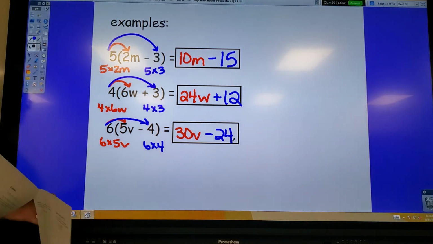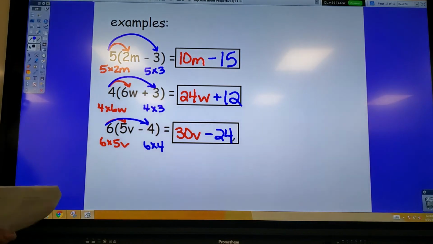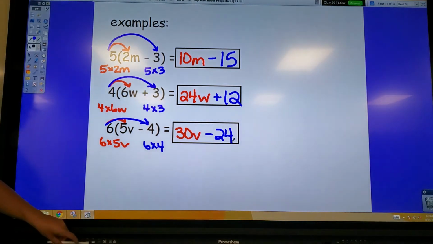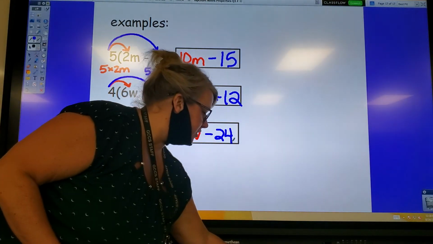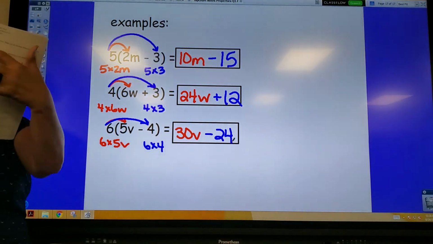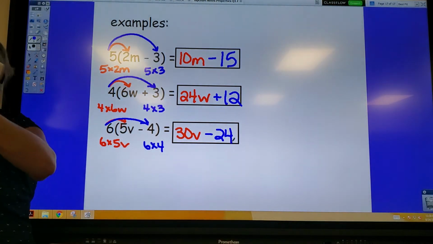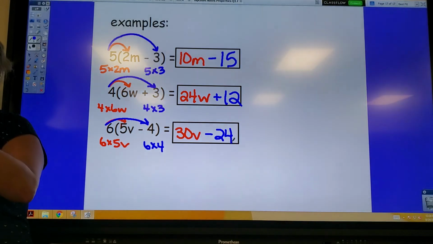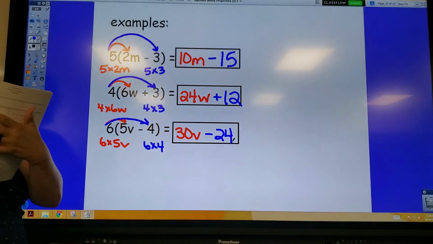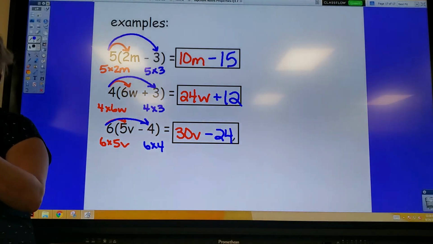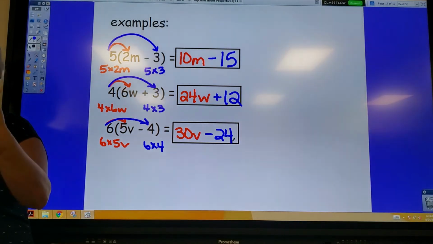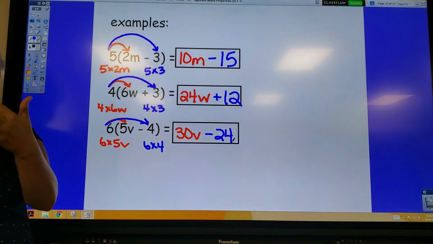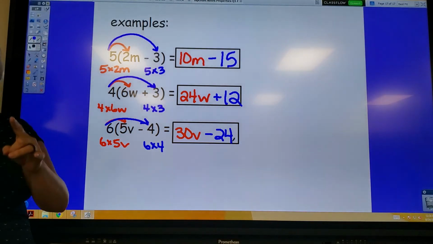Okay, so on your assignment, you're going to have 2 different sections on your assignment, okay? Now, the first section has problems that you're not solving. All I want you to do in the first section is decide what property is being shown, okay? And I have a list of the properties at the top. And when you put your answer into the Google form, it'll be like a drop down.